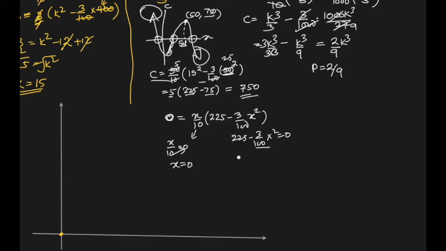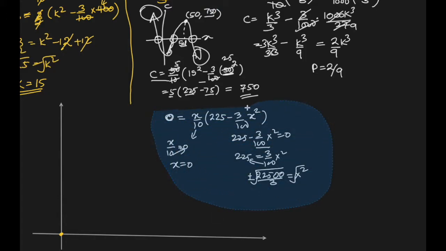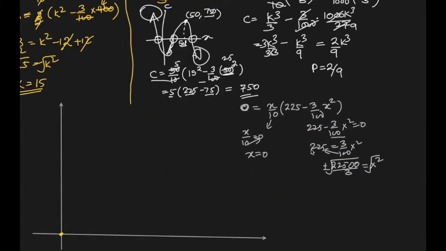Let's take the negative part to the right side: 225 equals 3 over 100 x squared. So x squared equals 22500 over 3. Plus or minus, but we cannot have a negative number of cups, so we ignore the negative one. Let me use my calculator to find this.